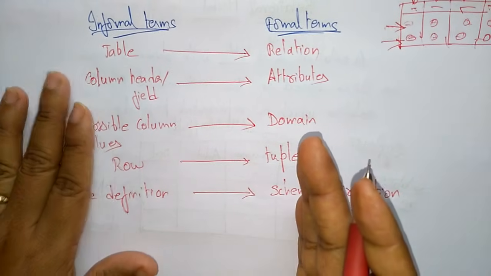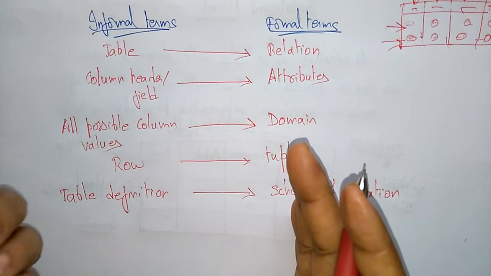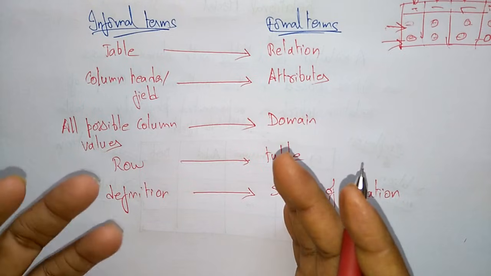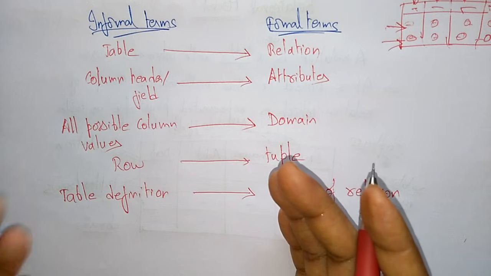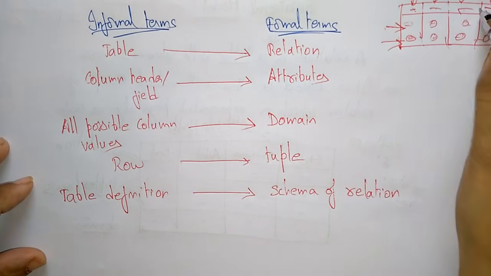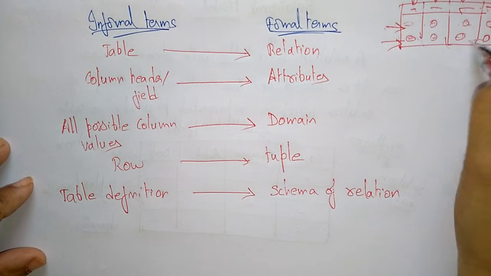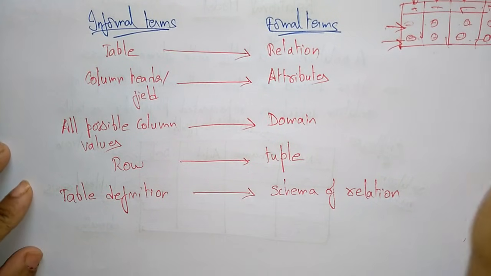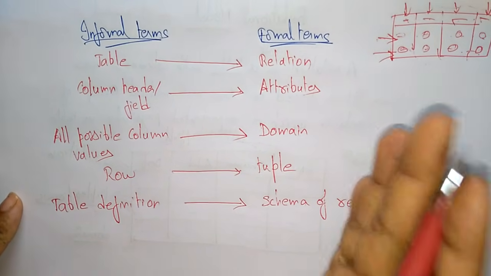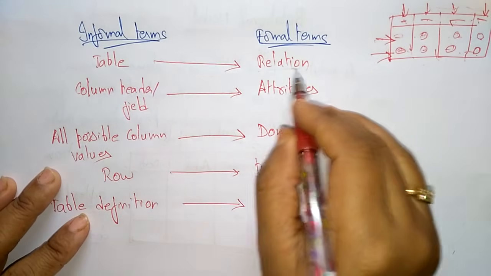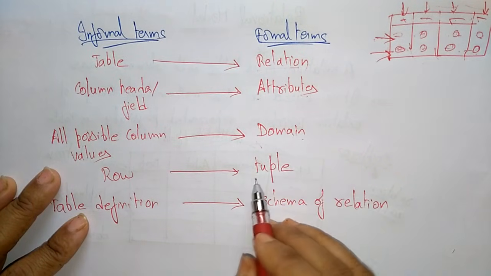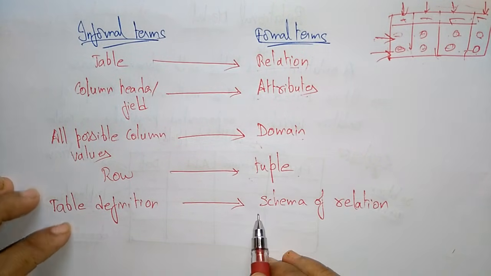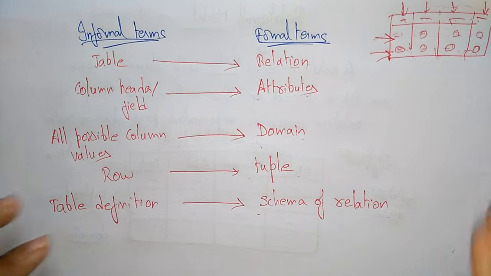Informally, we call it a table, the fields headers, the values, and this whole thing a definition. Formally, a table is a relation, a field is an attribute, the values are a domain, the rows are tuples, and the definition of a table is a schema of relation.